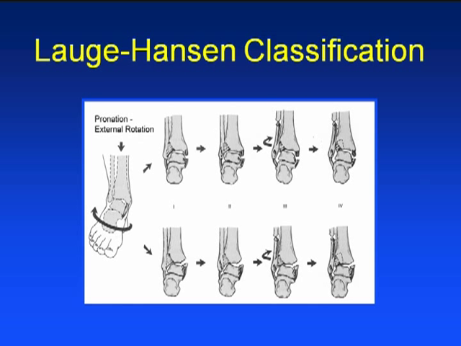Now I'm going to tell you the last one, the pronation external rotation, and this is one that I occasionally will say by name because it has such a characteristic appearance. As you go through an external rotation, you start by pulling off the medial malleolus. You then will tear the anterior tibio-fibular ligament.